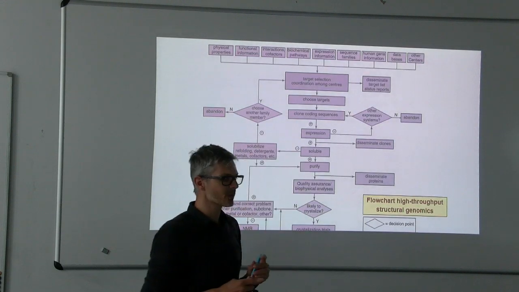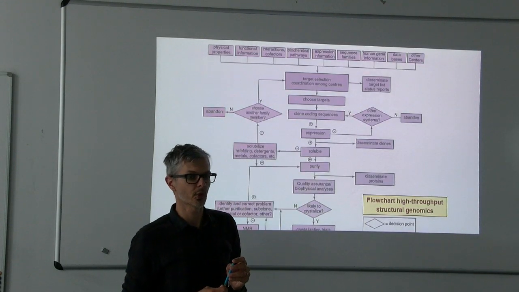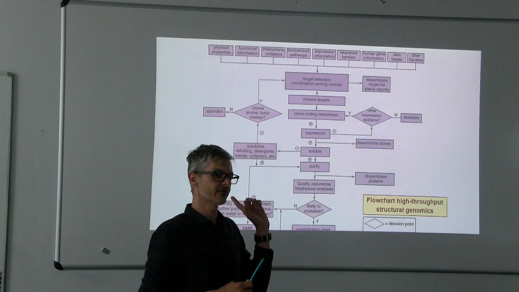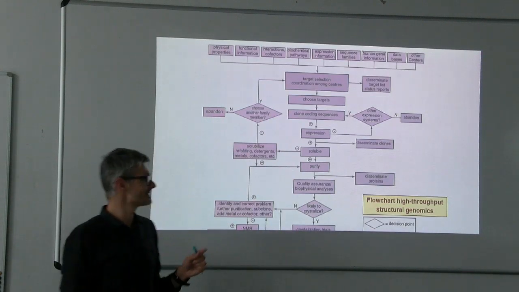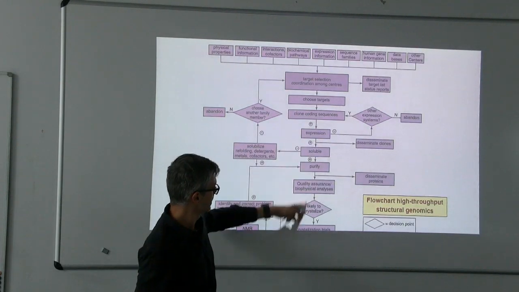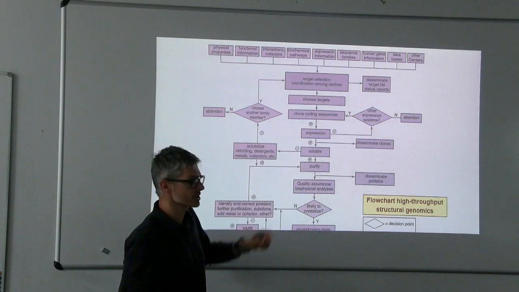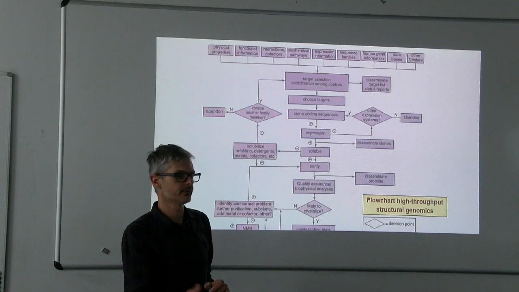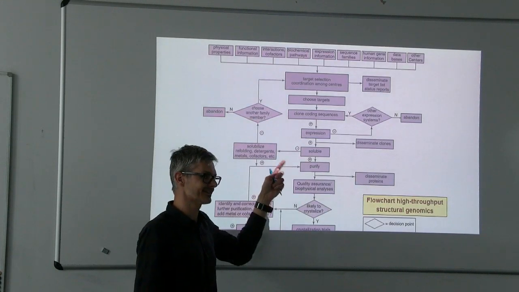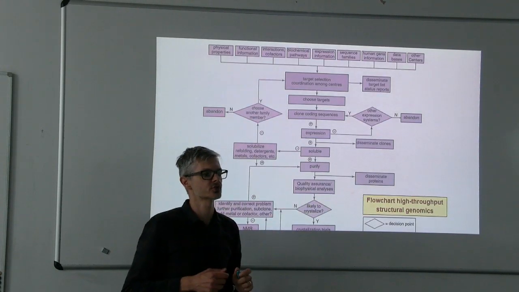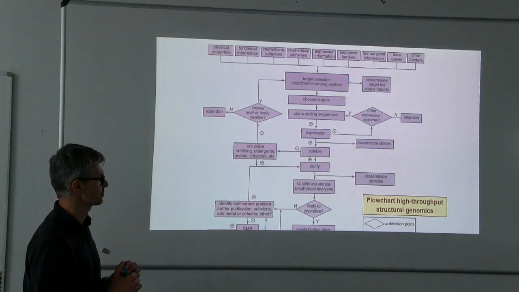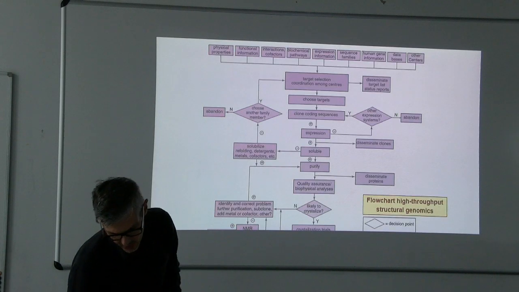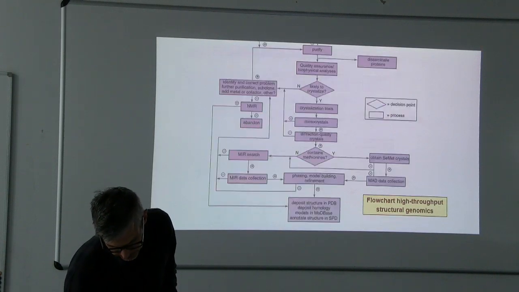These structural genomic programs at the time were of course also really useful for these critical assessments, because they already knew which structures would become available. So they actually provided lots of targets at the time for these competitions in structure prediction. So that's also something to remember.